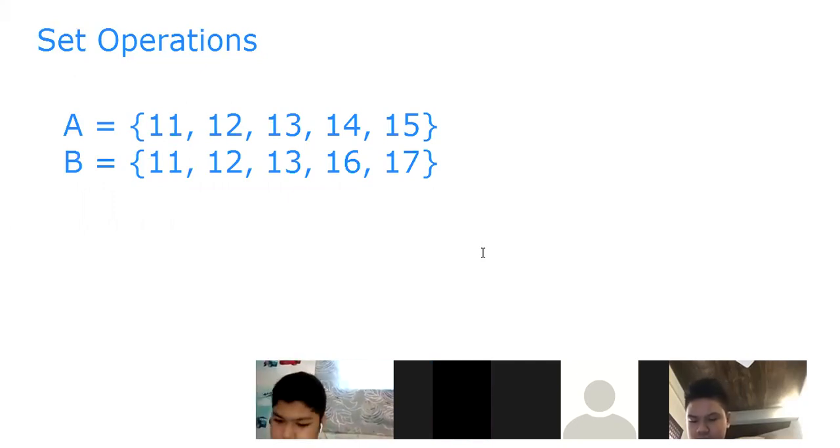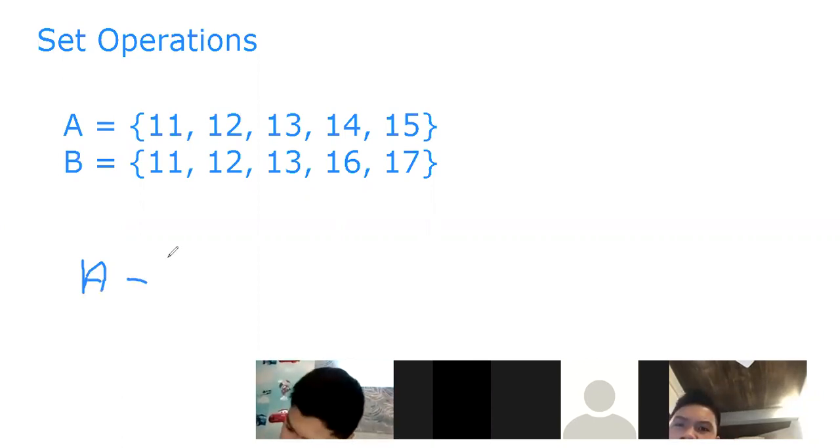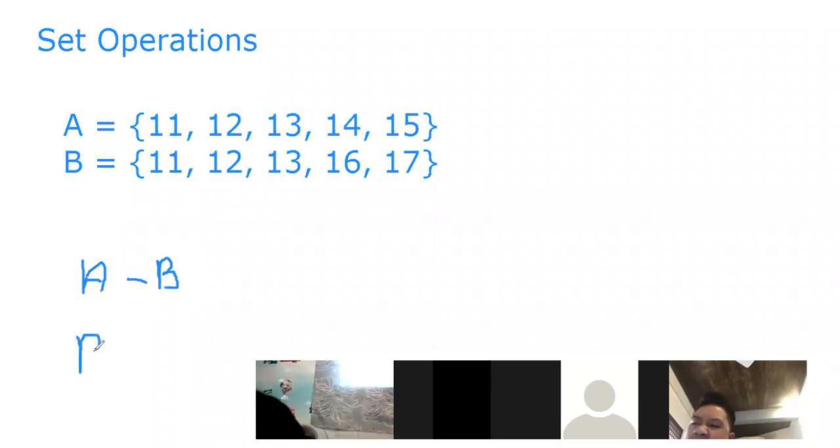So, si set A and si set B. Ngayon, for example, we have here set A minus B. Tandaan nyo kasi magkaiba si set A minus B kaysa si set B minus A. Okay? So, we're going to have the set A minus B or the set B minus A. So, this is the difference of the two sets.